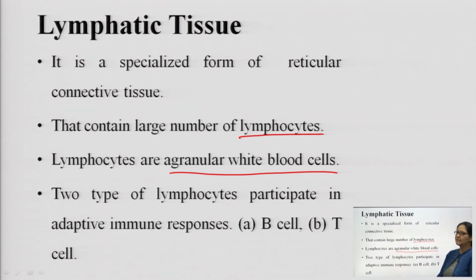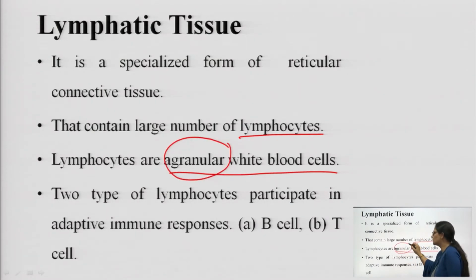So lymphocyte cells are agranular WBCs, and they are formed in the red bone marrow, as we discussed earlier, synthesized from the pluripotent stem cell in the red bone marrow. When all WBCs are synthesized, the lymphocyte cells are also synthesized.